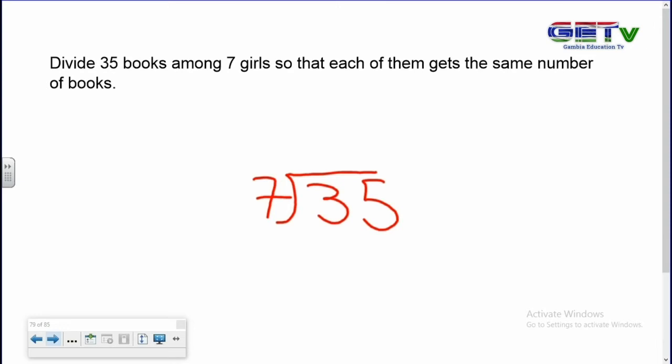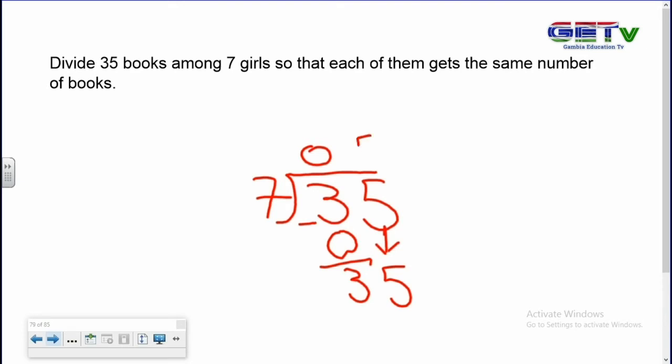35 divided by 7. 3 divided by 7 cannot. So we write 0 because 3 is less than 7. 7 times 0 is 0. We subtract. 3 minus 0 is 3. Let's bring our 5 down. 7 into 35, or 35 divided by 7, means how many 7s are in 35?